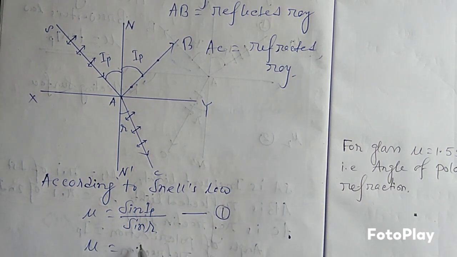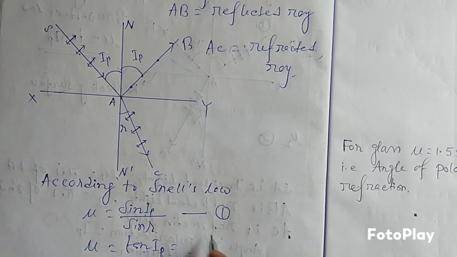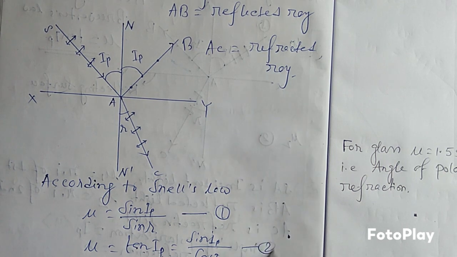Again, from Brewster's law, mu equal to tan IP, that is sine IP by cos IP. This is equation number 2.